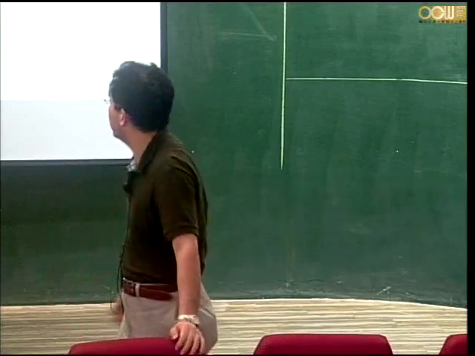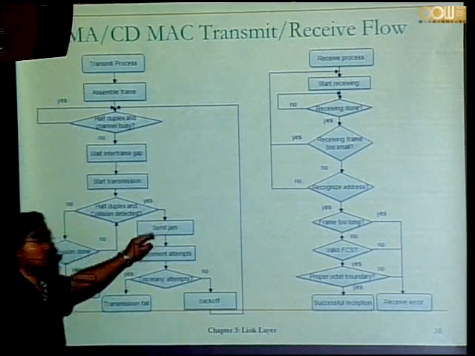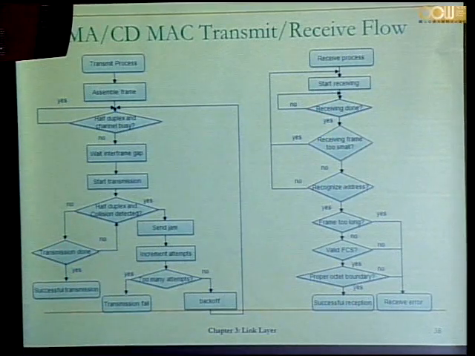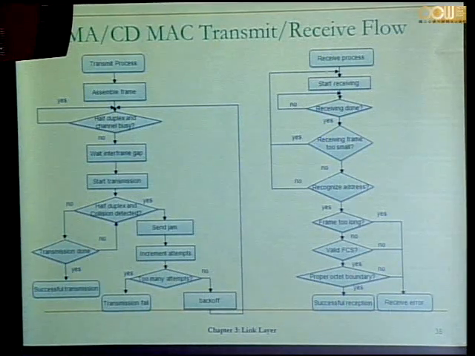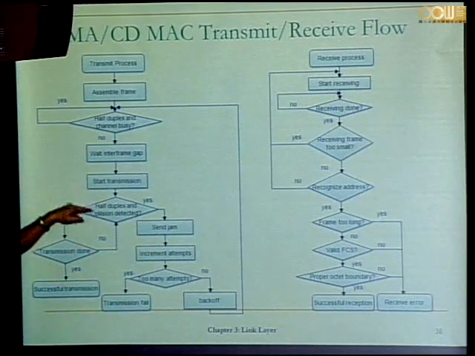Okay, so that's the reason why you send a jam, to make sure the collision is loud and long enough to be heard by everyone sharing the link. Okay, so you go this way.